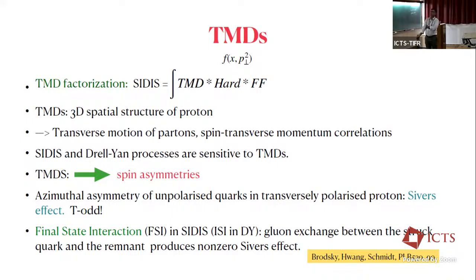That is why they have become a very hot topic in recent times, and especially for EIC, in the last few years there have been a lot of activities to understand these TMDs. In SIDIS and Drell-Yan processes you can access these TMDs. In experiments, you can measure different spin asymmetries which are related to the TMDs, and from there extract information about them.